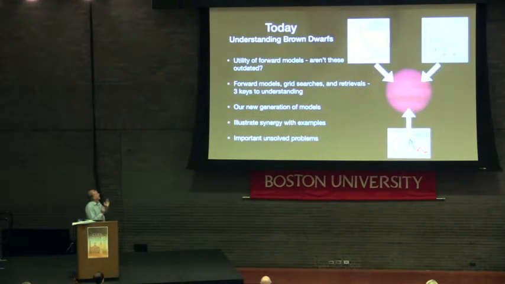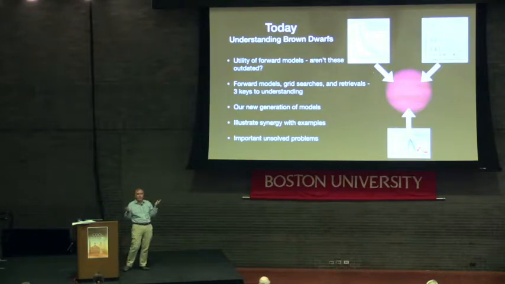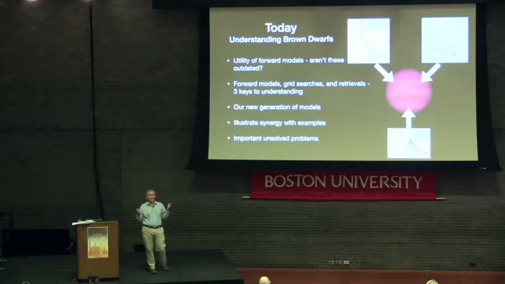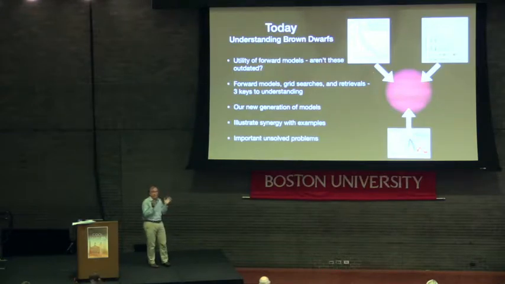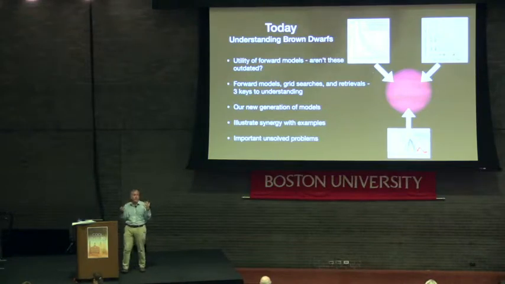Okay, thank you. So what do I want to talk about today? I want to talk about new forward models. What's the utility of forward models? Sometimes if you read our proposal reviews, you think we're proposing to use the harmony of the spheres to study brown dwarfs. But there's a really big value for understanding the atmospheres, and that's what I want to try to convey today.